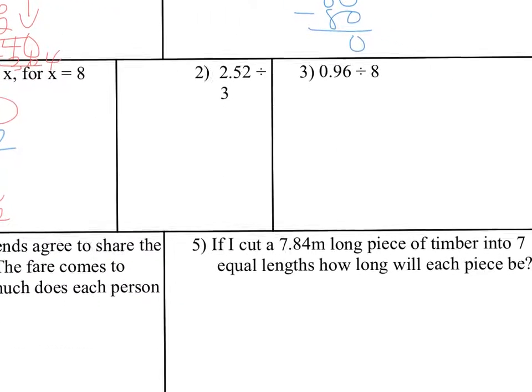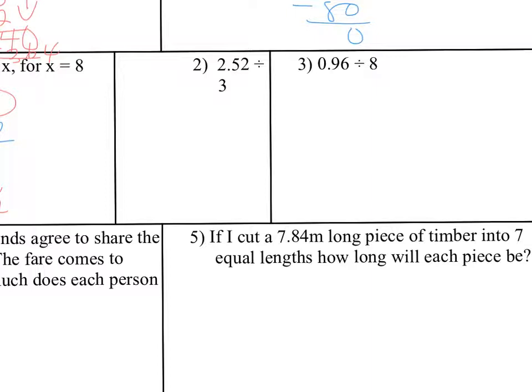All right, so number 2 is 2 and 52 hundredths divided by 3. So we have 3, 2, decimal 5, 2.